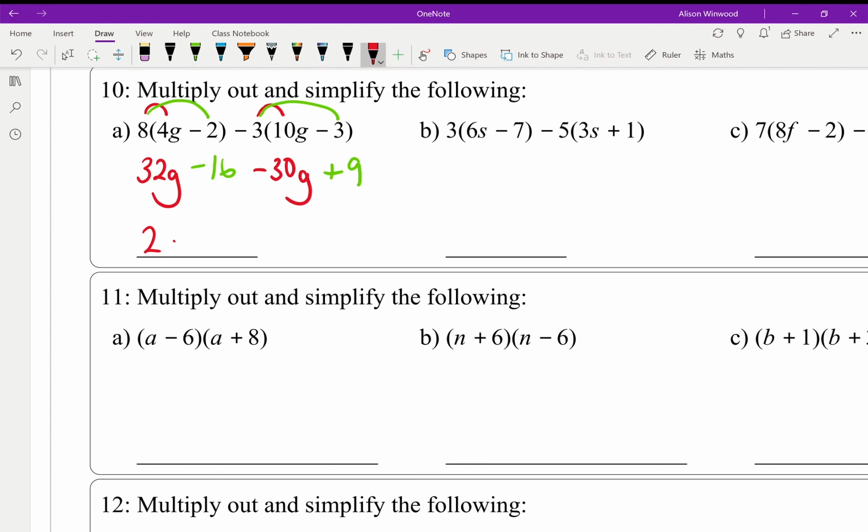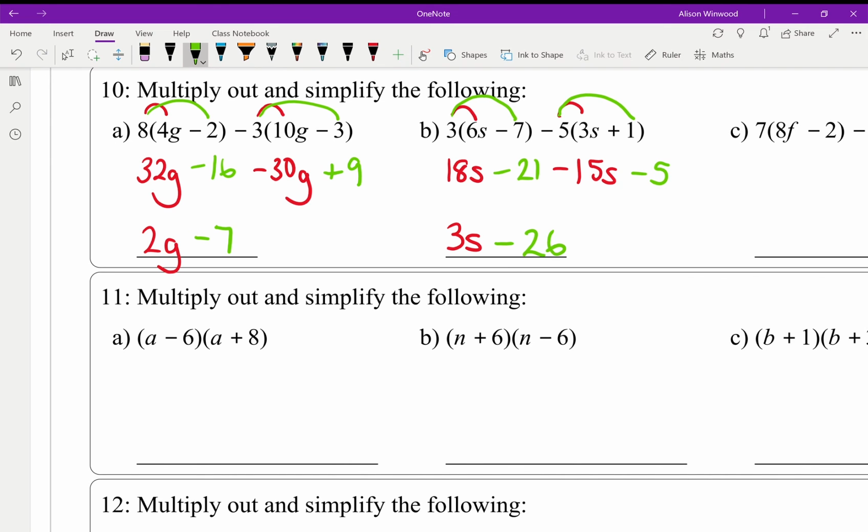So I end up with 2g subtract 7. 18s subtract 21, negative 15s subtract 5. So put the s's together, I get 3s, put the numbers together, negative 26.